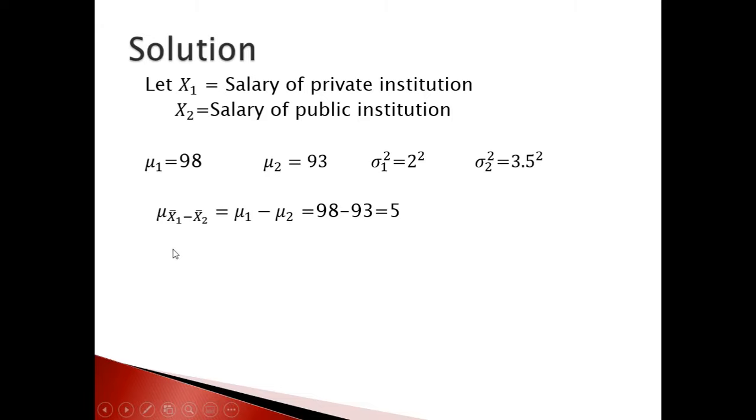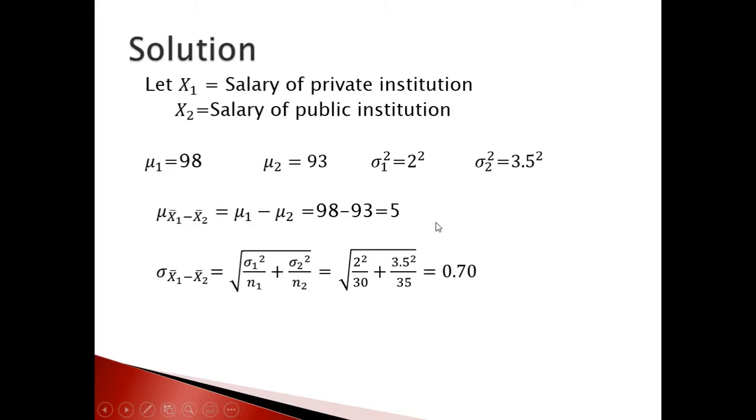Then we can calculate the mean of x1 bar minus x2 bar. It is equal to the mean difference of two populations, which means mu1 minus mu2. Simply 98 minus 93 is 5. And also we can calculate the standard deviation of x1 bar minus x2 bar. Our equation is the square root of sigma 1 squared over n1 plus sigma 2 squared over n2. So we can plug in the values.